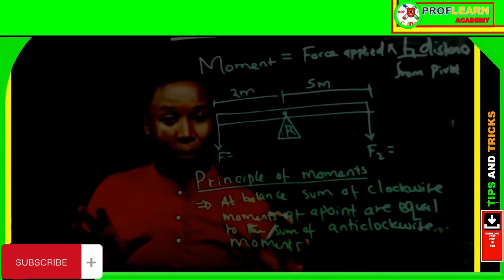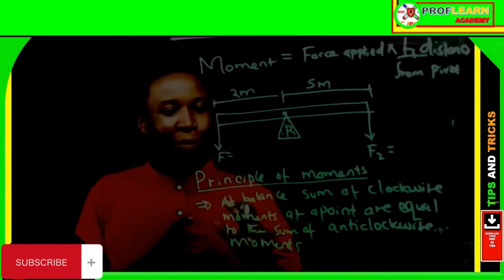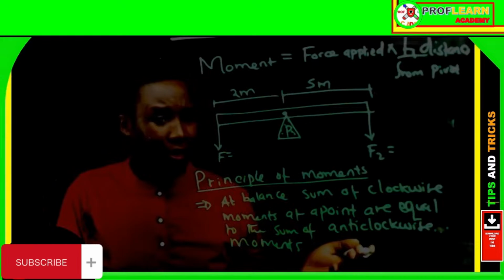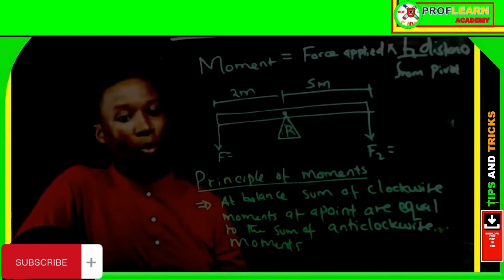So at any given point, if you are asked to state the principle of moments, why can't you state this? At equilibrium, the sum of clockwise moments should be equal to the sum of anti-clockwise moments.